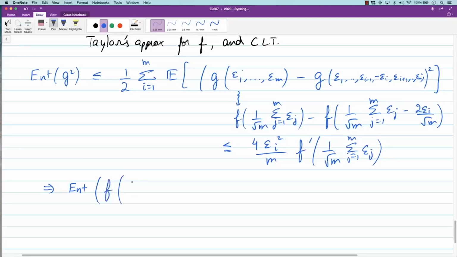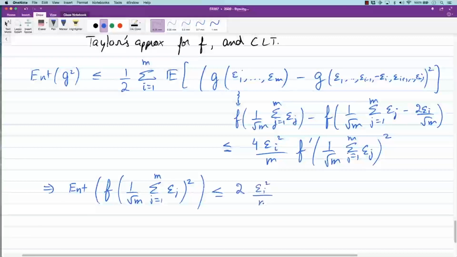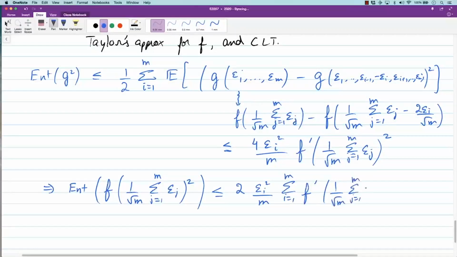f of 1 by root m, I'm writing it in this form so that you understand which random variables we are taking the average over, is less than or equal to half. So this 4 comes out, this also gets squared, so you get 2 epsilon i square by m, summation i equal to 1 to m, f prime of 1 by root m summation j equal to 1 to m epsilon j, squared, expected value of that.